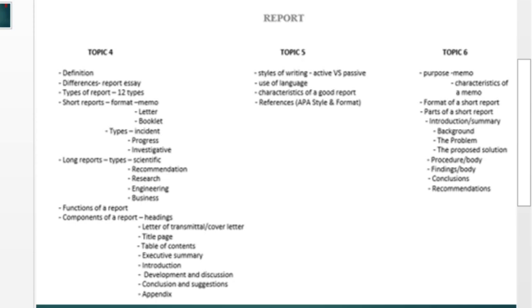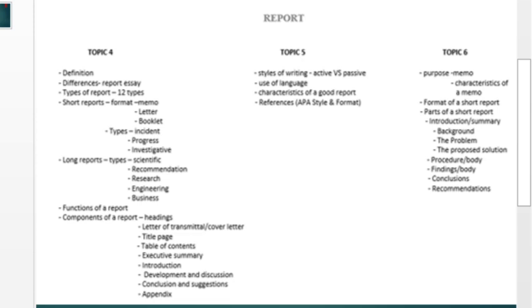Looking at topic 6, it goes deeper into what a report should be, but the specific focus of topic 6 is the memo and other types of short report.